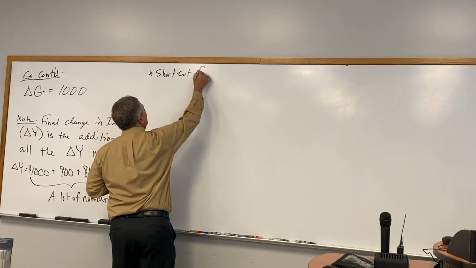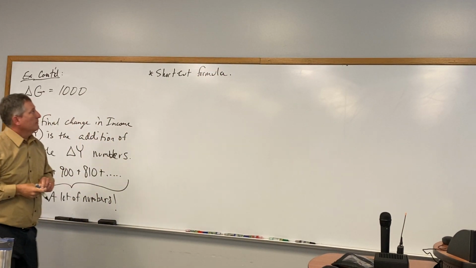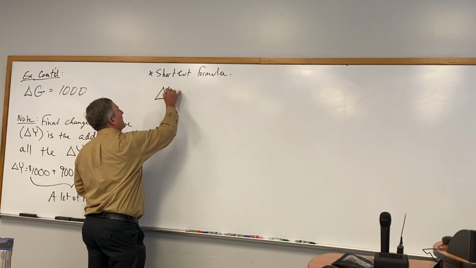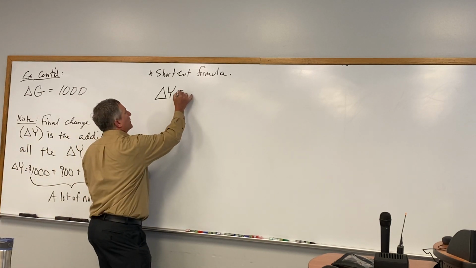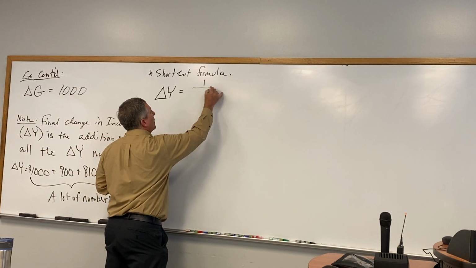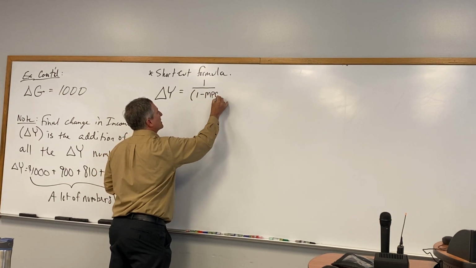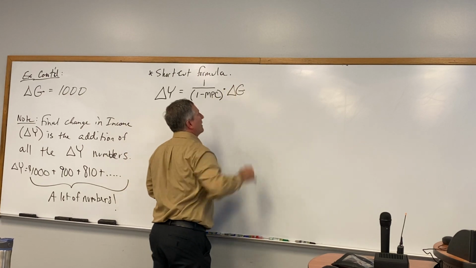Shortcut formula. And the shortcut is the final change in income will be equal to 1 over 1 minus the marginal propensity to consume times the change in spending.